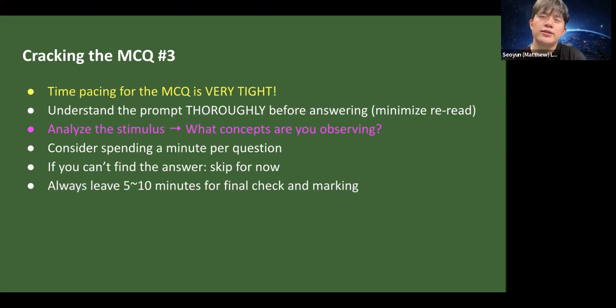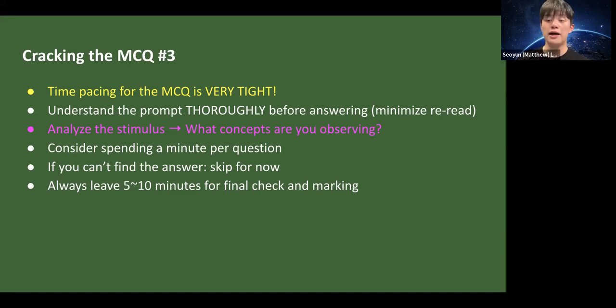As you're given 60 questions to solve within 90 minutes, the time pacing itself is very tight. That's why I highly recommend you understand the prompt thoroughly before answering. This is to minimize rereading and uselessly wasting time perusing the prompt. At the moment you analyze the stimulus, you should have a strong understanding of what concepts you're observing in the question.